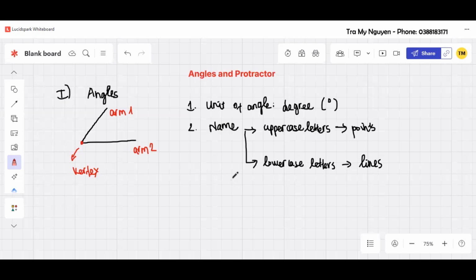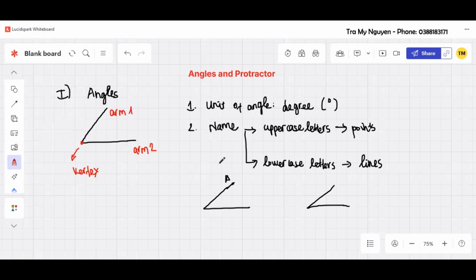Firstly, I draw an angle here. The first angle and the second one, we have two angles in this exercise. In the first case, I will use uppercase letters to name the points, and of course I have to put three points in this angle.